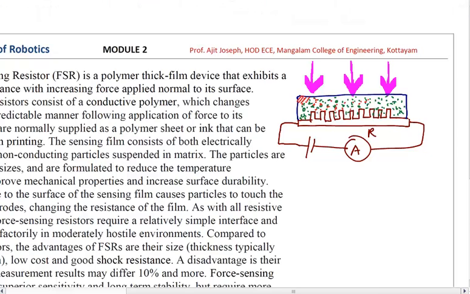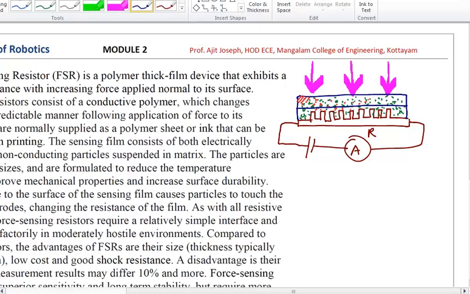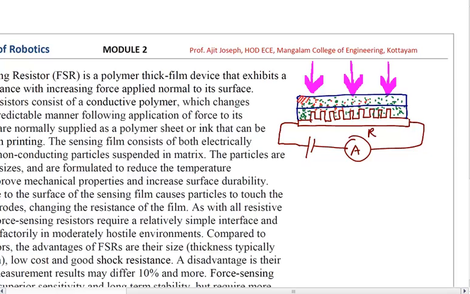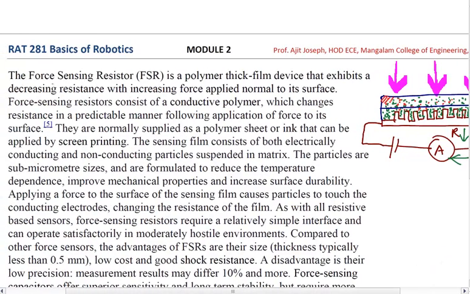When it compresses to a very small distance, all these green conducting particles in the non-conducting material will get inside the grooves of the electrode, and suddenly you will find that the resistance of this electrode has gone down and more current is flowing through the circuit. Why? Because some force was applied on this surface. That is what is called a force sensing resistor, or FSR.